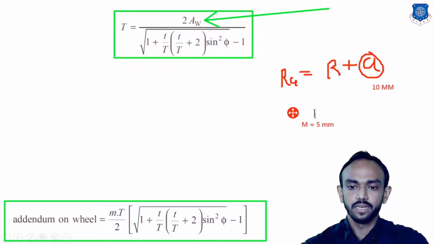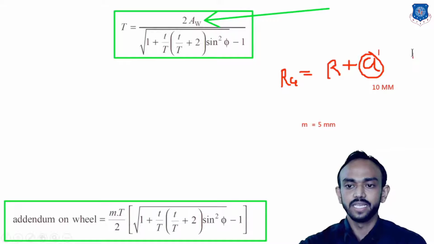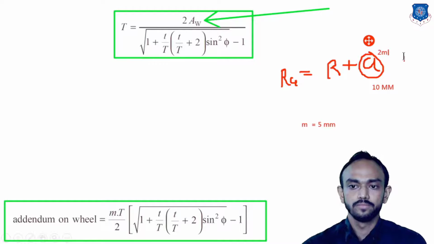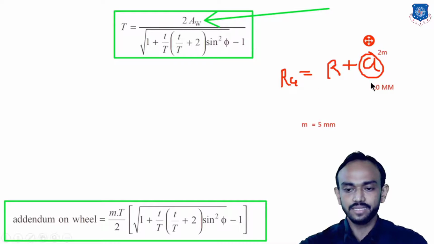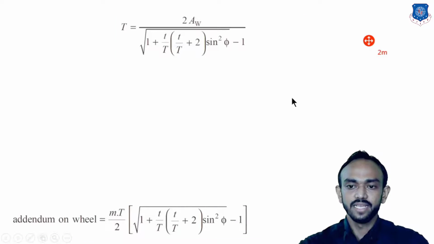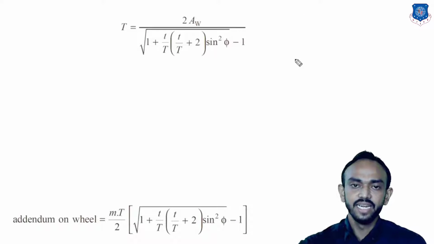During the example, they will say the addendum is equal to 2 module, where one module is 5 mm, so our answer is ultimately 10 mm.